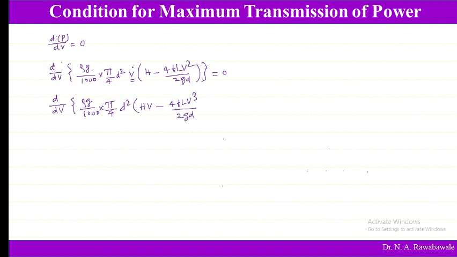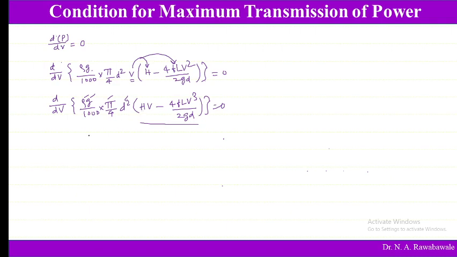So multiplying v with both terms, we get hv and v³, equating it to 0. While differentiating, ρg, π/4 and d are treated as constants, so these are not going to vary. Therefore, we have to find the differentiation of this inner bracket.